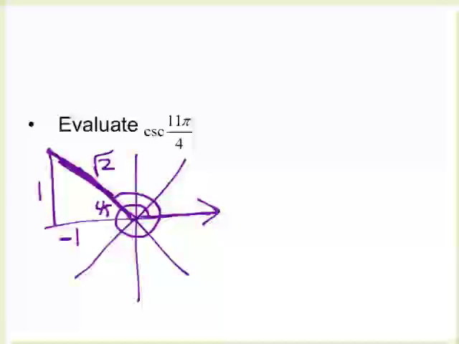So then we want to calculate cosecant. Cosecant doesn't have a SOHCAHTOA, but what is cosecant the reciprocal of? Sine. And what's the reciprocal for sine? Opposite over hypotenuse. So we're going to be working with hypotenuse over opposite.